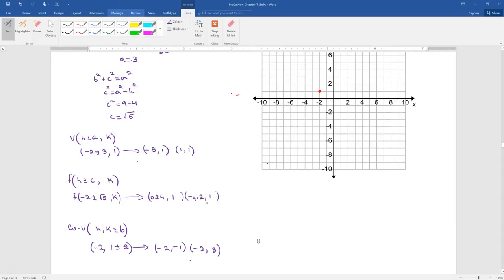So let's plot all this. Negative 5, comma 1 is a vertex. 1, comma 1 is another vertex. We are labeling these. The foci are at 0.24, which is here, and negative 4.2, which is here.